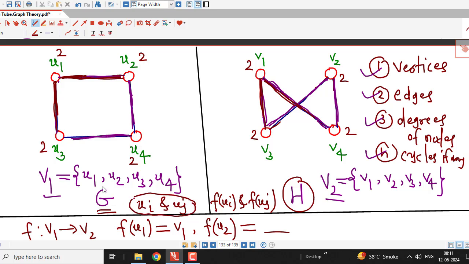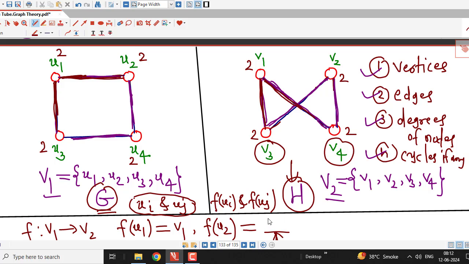If two vertices are adjacent in G, their images are adjacent in H, and we are considering u1 and u2 here. u1 and u2 are adjacent in G, so I have to consider the image as that vertex which is adjacent with V1. Now you can see there are two vertices which are adjacent with V1. One is V3 and another is V4.